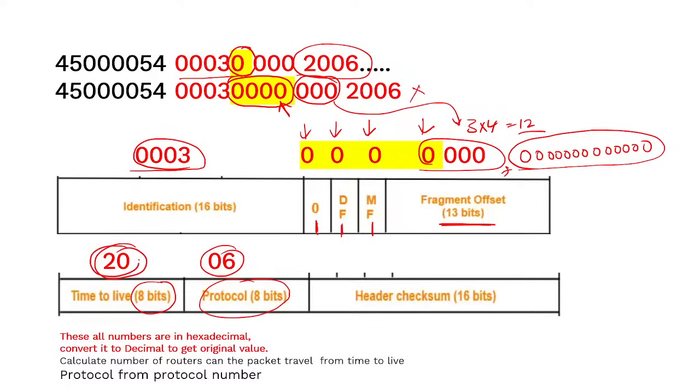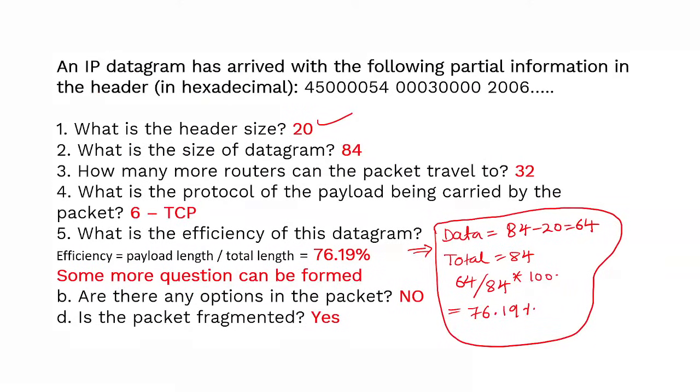From this 20 time to live, I can calculate the routers, how many more routers it can go through. That is 2 multiplied by 16 to the power 1 plus 0 multiplied by 16 to the power 0, which is 32. So your answer is 32 here.